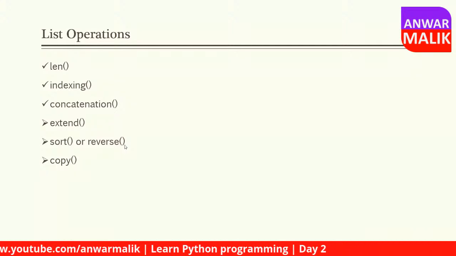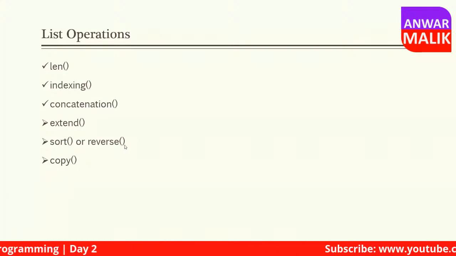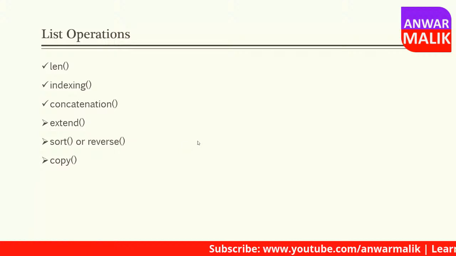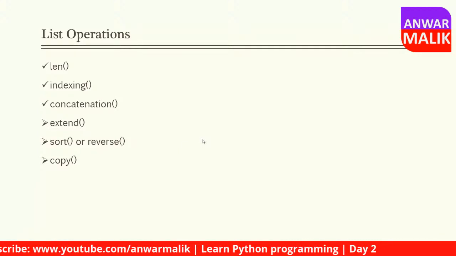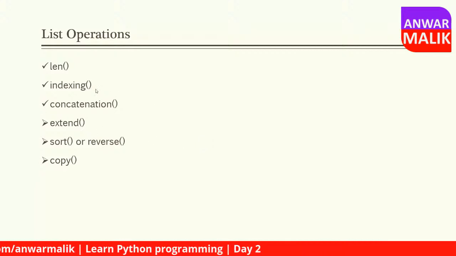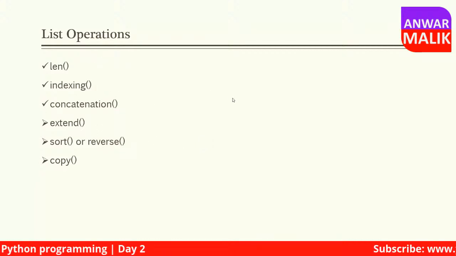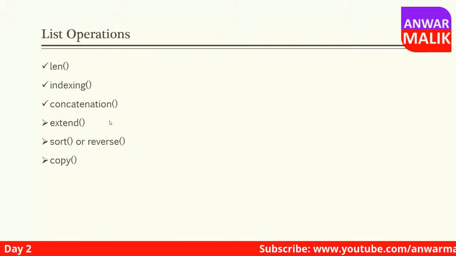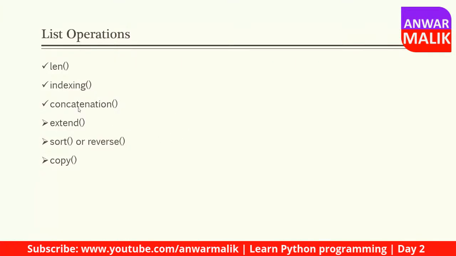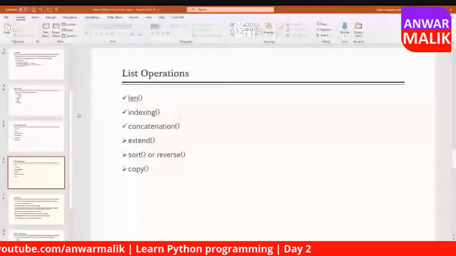I'm just giving you a few examples so you can understand the usage and how to apply these operations in programming. The usage is the same. If you learn a few, you can do the rest by yourself.